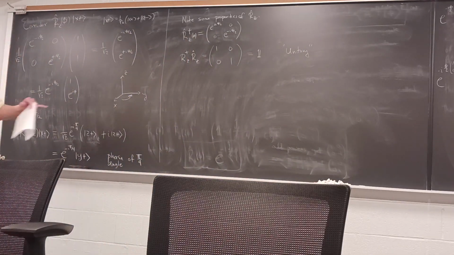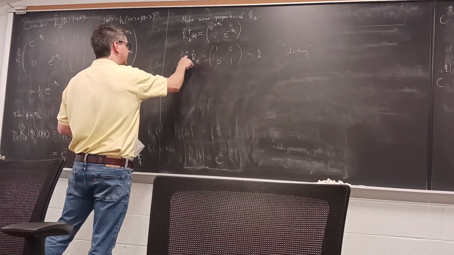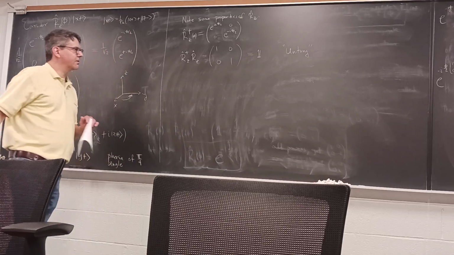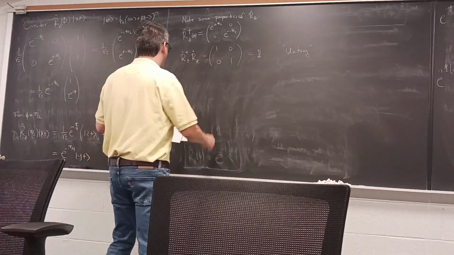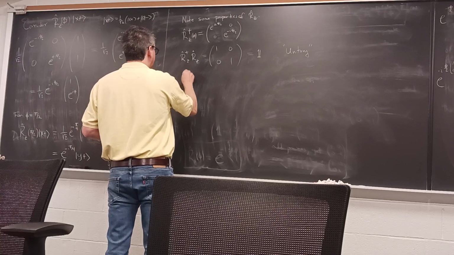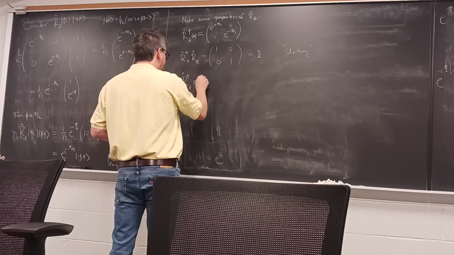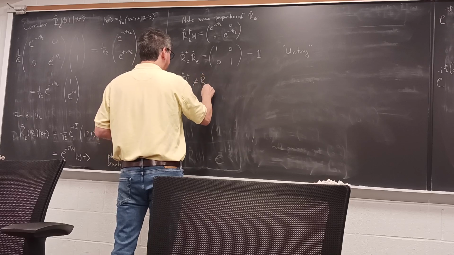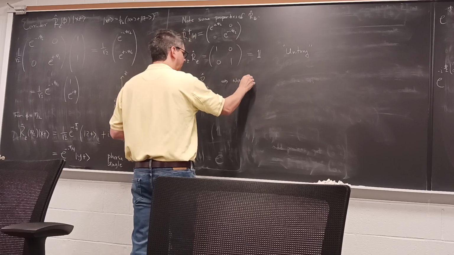So if I take a matrix, I take its dagger and I multiply it by the matrix, if I get 1, that's called unitarity. And then the other property that we notice is that R hat dagger z is not equal to R hat z. So it's non-Hermitian.